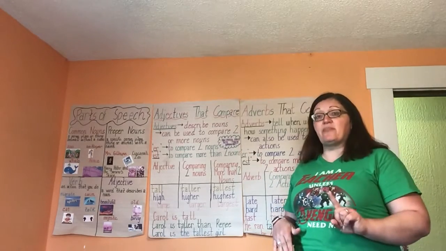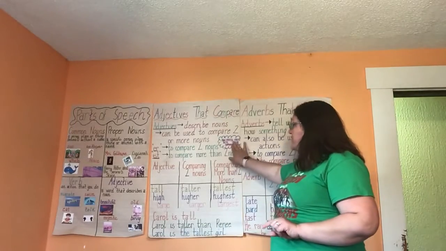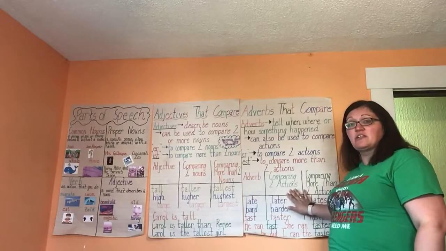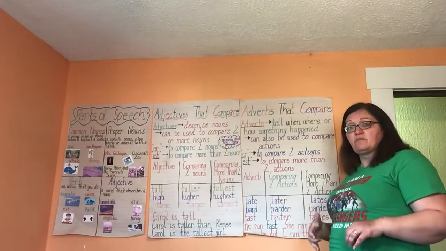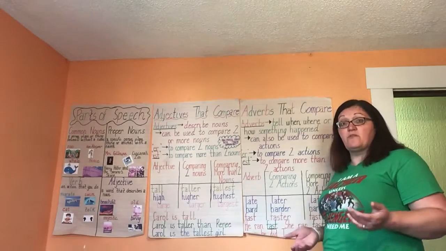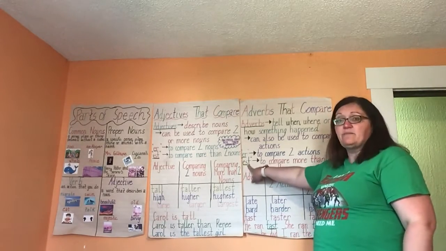Just like with adjectives, we talked about how many nouns are being compared. With adverbs, think about how many actions, how many verbs are being compared at once. That will help you figure out if you're going to add ER to the word or EST.